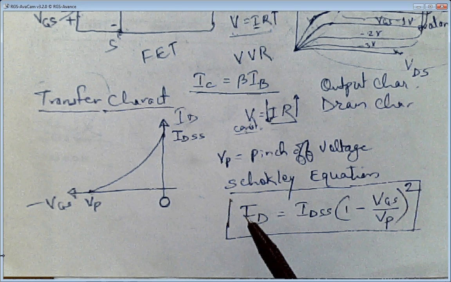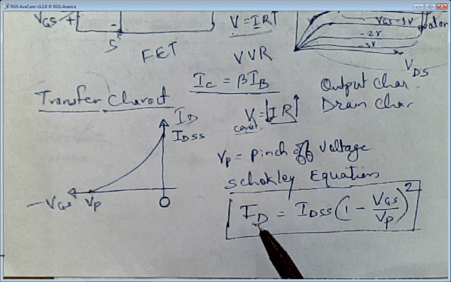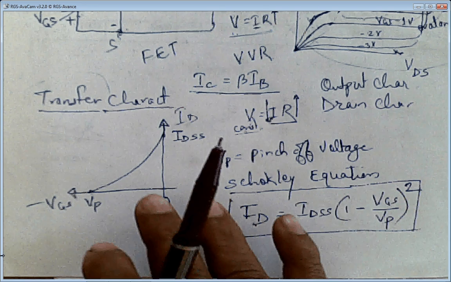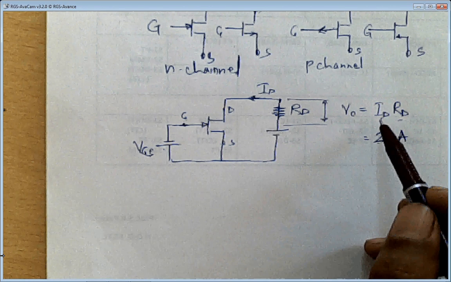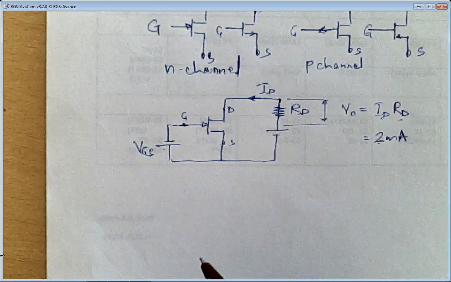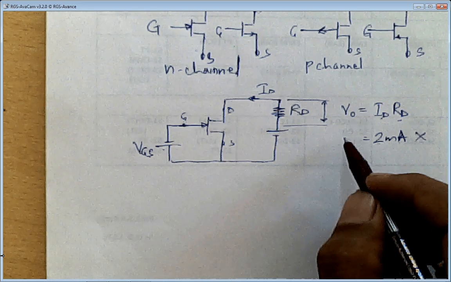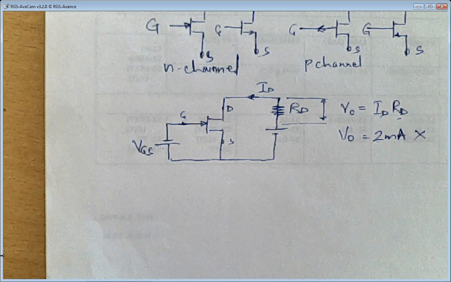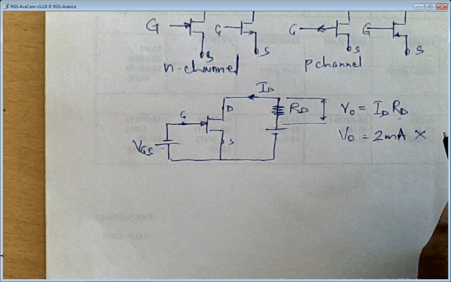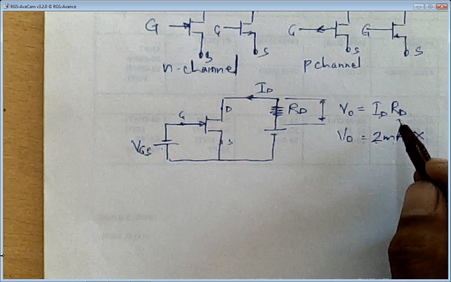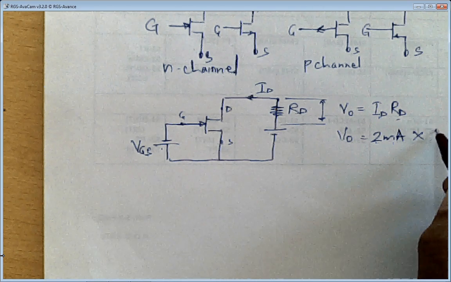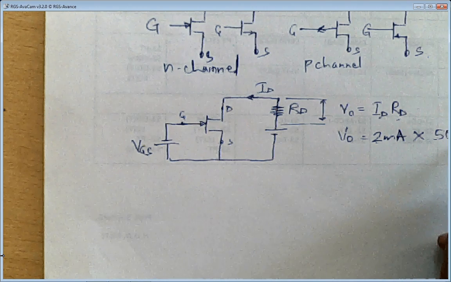So to get ID of 2 milliamperes, we have to change VGS, and we have done that already. Let us say ID flowing is 2 milliamperes, and through RD, how much output voltage do you want? If I want it to be 1 volt, then I'll connect an RD of 500 ohms.